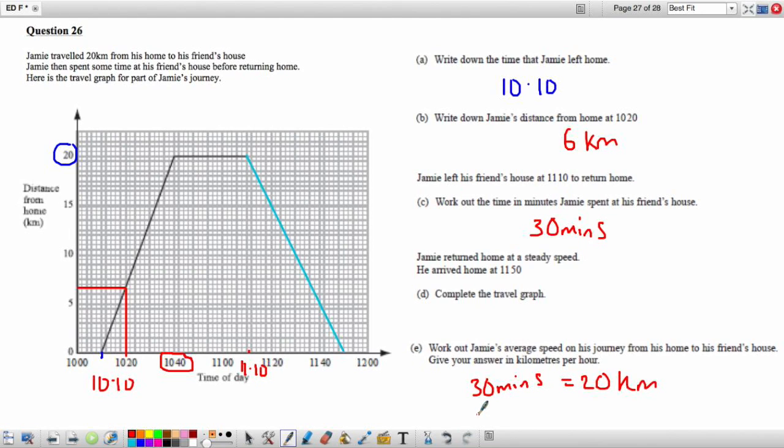Therefore, if he goes per hour, 60 minutes, he will travel 40 kilometres. Therefore, his speed is 40 kilometres per hour.